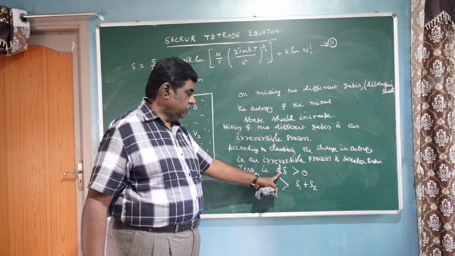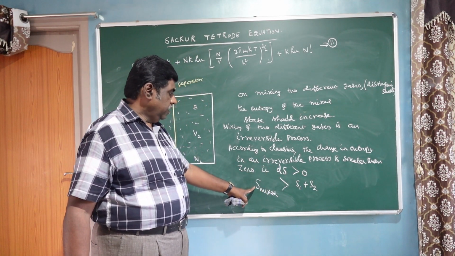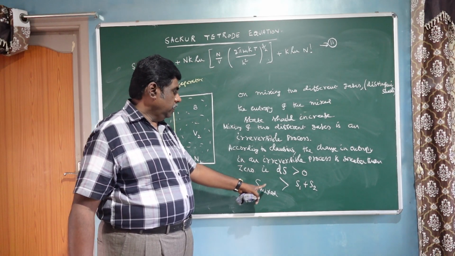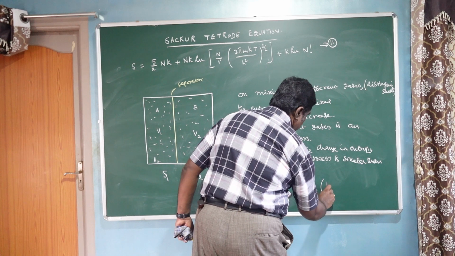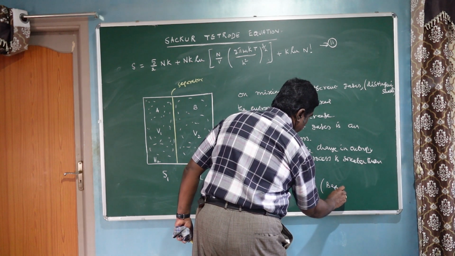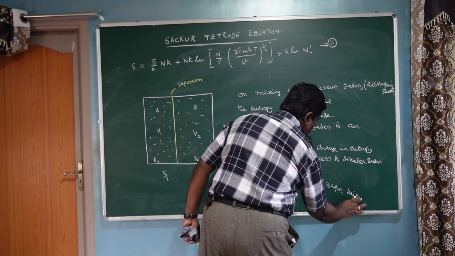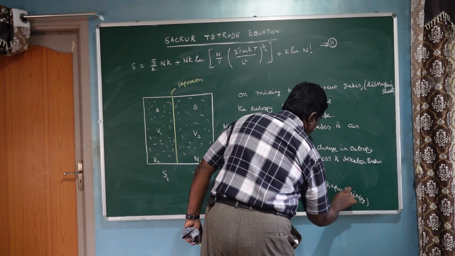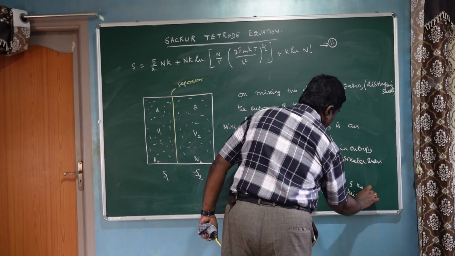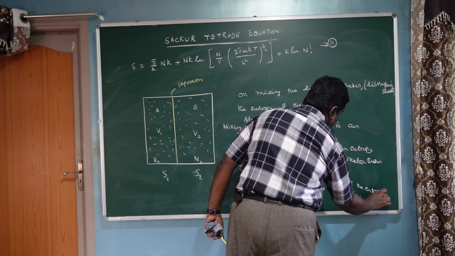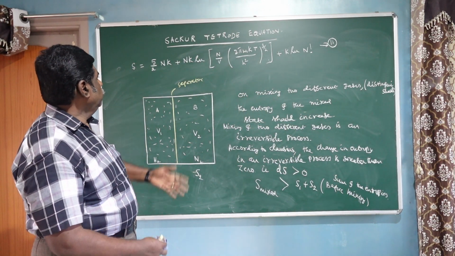Then dS, that is change in entropy, should be greater than 0, which means that the entropy of the mixed state is greater than the sum of the entropies before mixing.